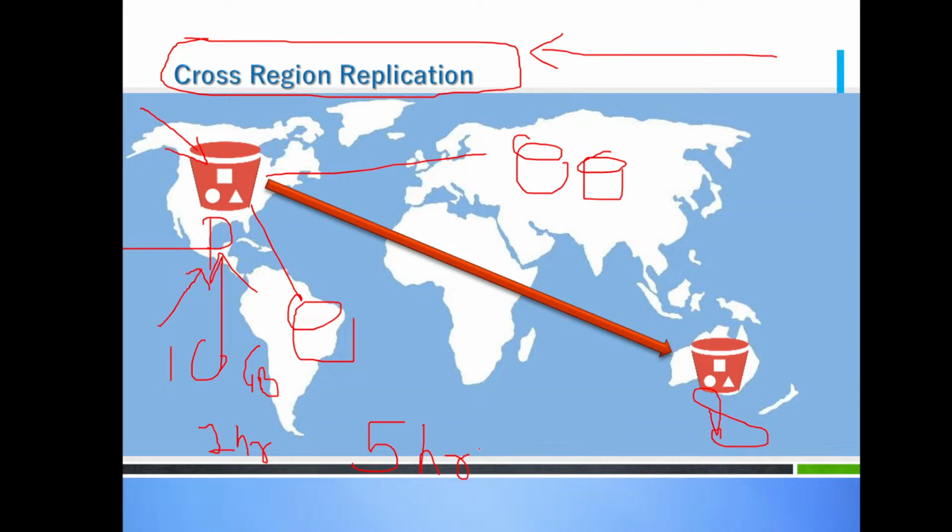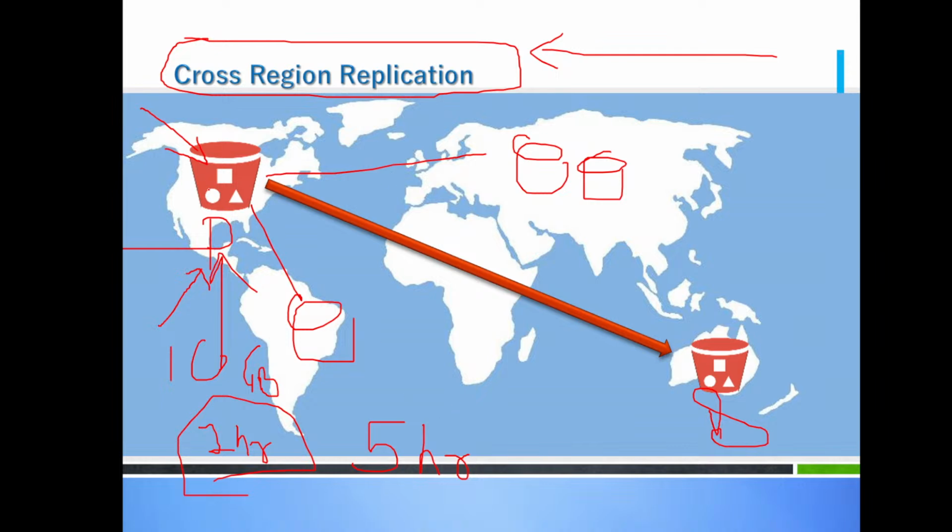Can you upload the data in parallel and upload the 10 GB file to all 5 buckets in 1 hour? No. You have limited bandwidth, right? Your internet speed is limited. So if it takes 1 hour to upload 10 GB of data, for 4 more buckets it will take a total of 5 hours to upload to all the buckets.